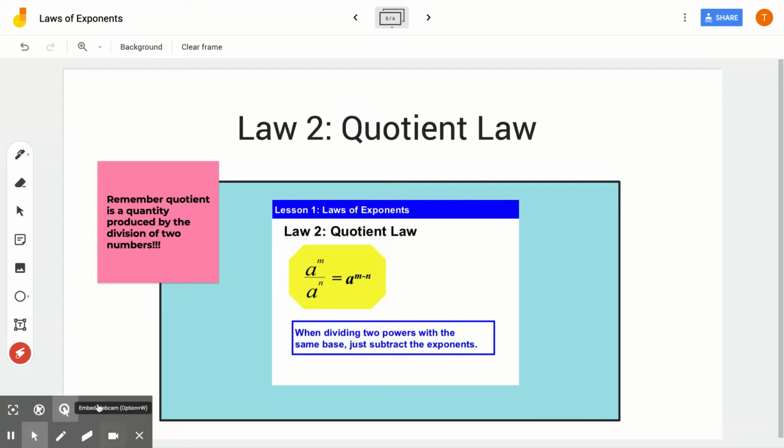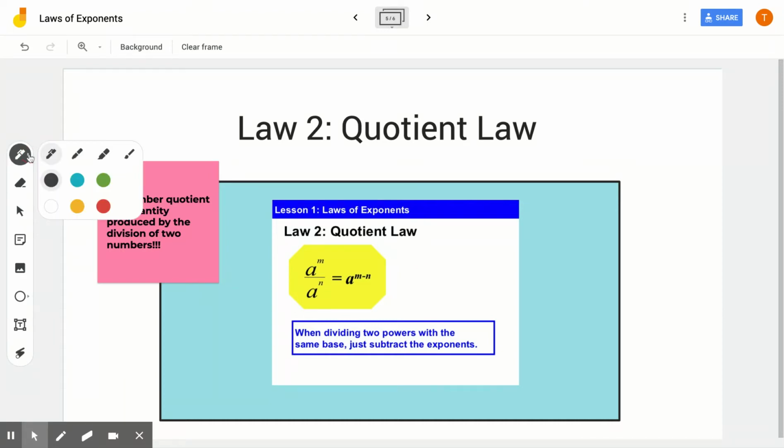We'll try it one more time. I hope I'm not getting too close to being out of time for you guys. But we'll say we have 2 divided by 2, and let's do your exponents, 3 and 2.